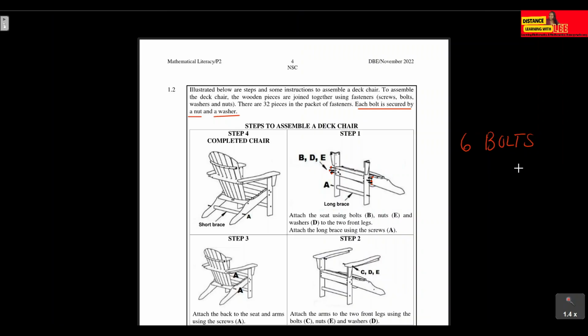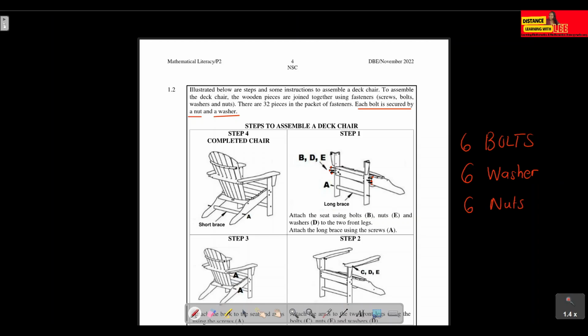So if you used 6 bolts in the first step, then to secure each of those bolts, you would need a washer and a nut. That means that if we used 6 bolts, we also used 6 washers and 6 nuts in step 1.